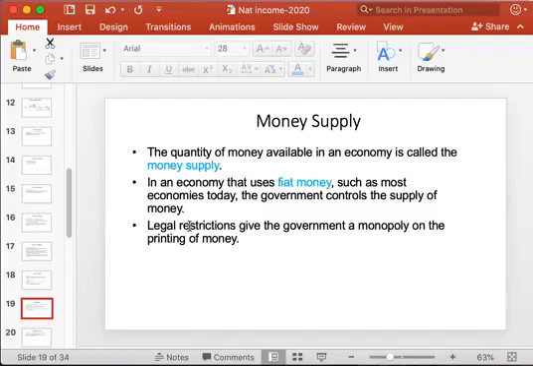And the legal restrictions give the government a monopoly on printing the money, and no other agencies can print money.